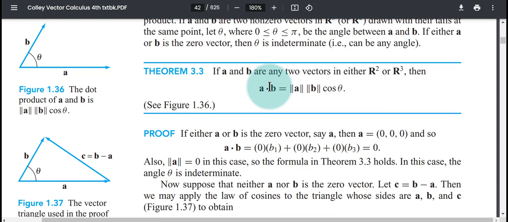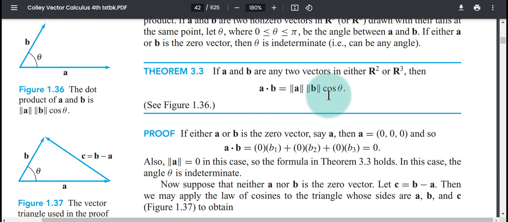So what can we conclude? Well, presuming that neither A nor B was the 0 vector, where all the entries are 0, then it can't be true that the magnitude of A or the magnitude of B was 0. So according to this formula, the only thing left is that the cosine of theta is 0.